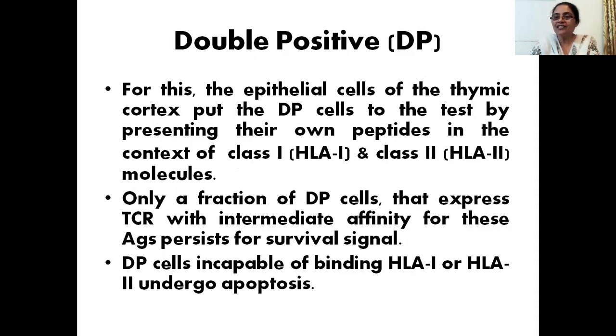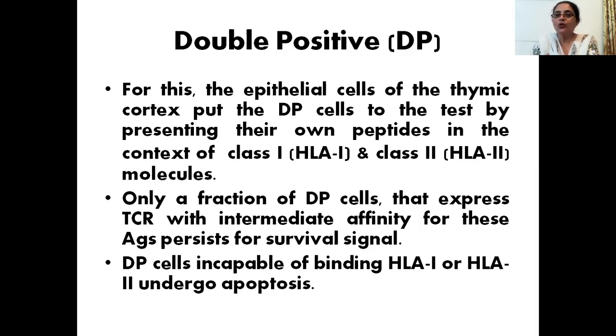In this first test, these double positive cells are tested by the epithelial cells of the thymic cortex, which present their own peptides in the context of class 1 or class 2 molecules. That means class 1 HLA. What is class 1 HLA? HLA is human leukocyte antigen, with HLA1 and HLA2.